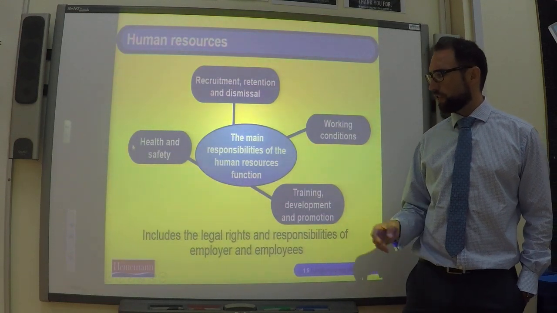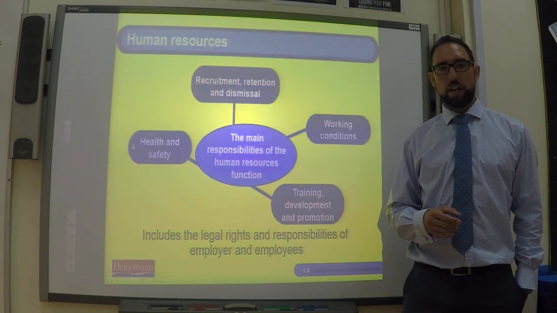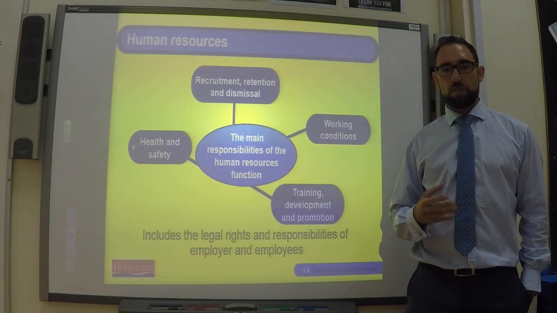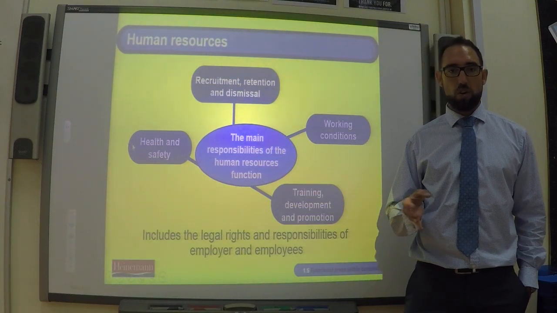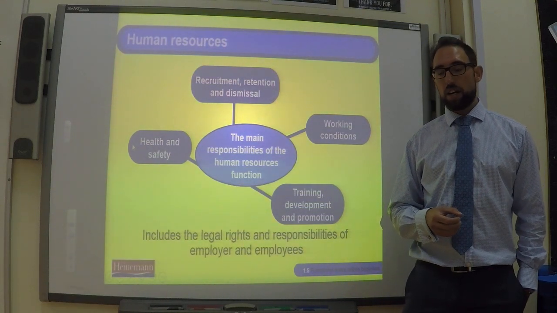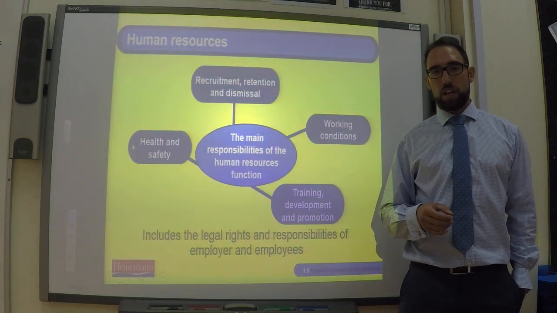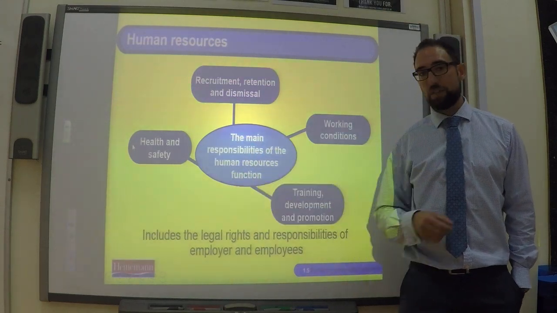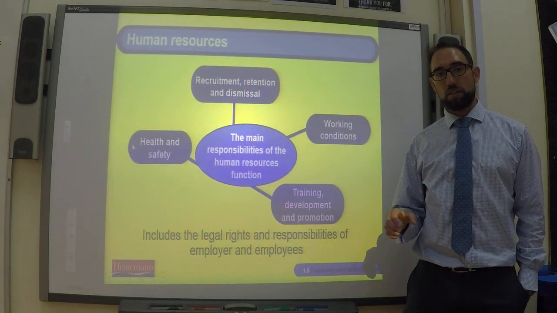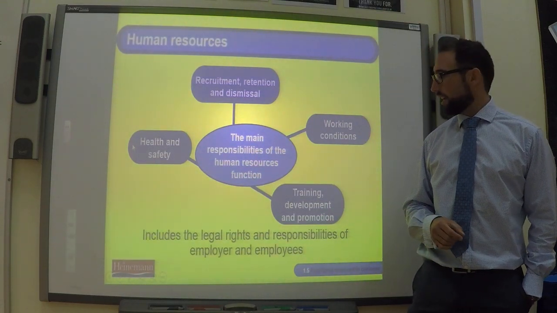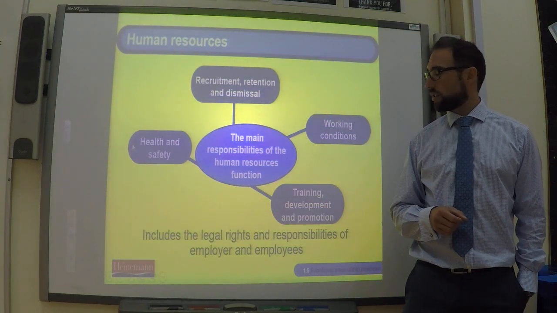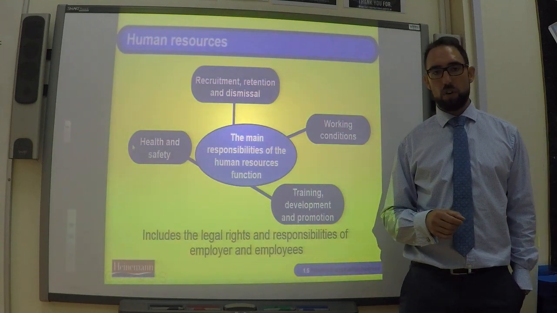They're also responsible for training, making sure that the workers, the employees, have the correct training in place. So if they need training on a particular machine or they need to improve their skills, then the human resource department is responsible for ensuring that training courses are in place, and they play a role in health and safety within the organisation, making sure the company is safe for the workers, and they make sure the business has the correct working conditions for the staff.